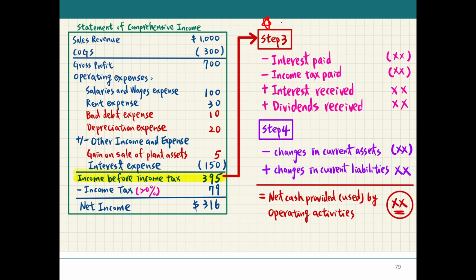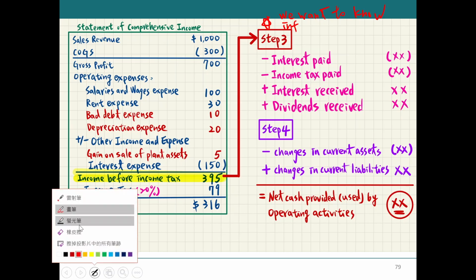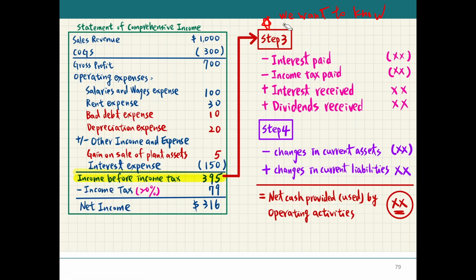So what is the information? We want to know the cash flow from 3 big guys. Cash flow information. So not only information, it's about cash flows.